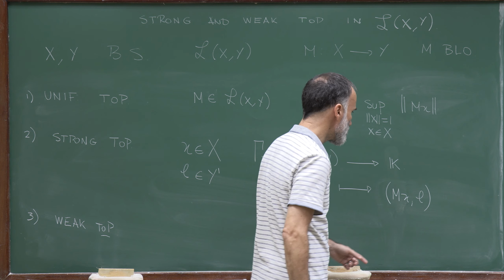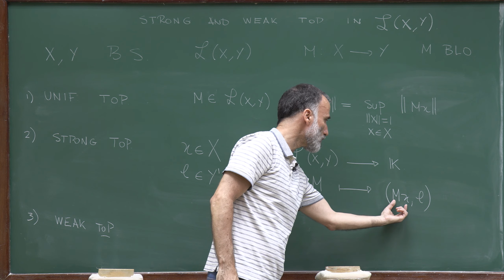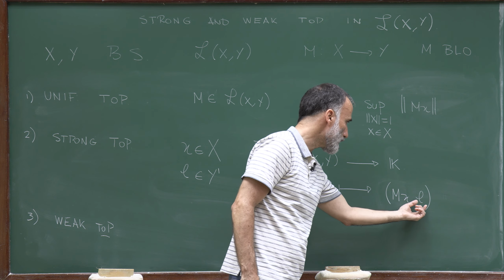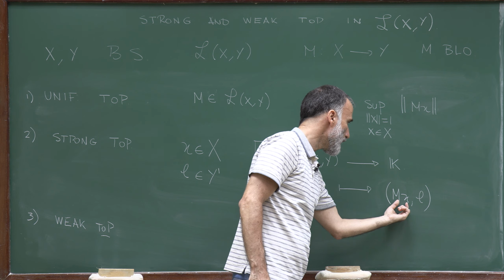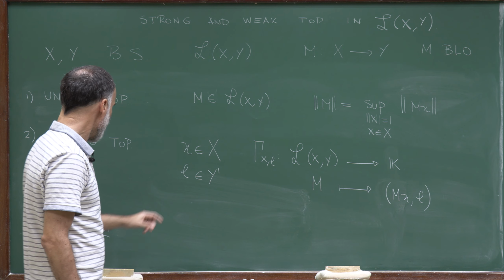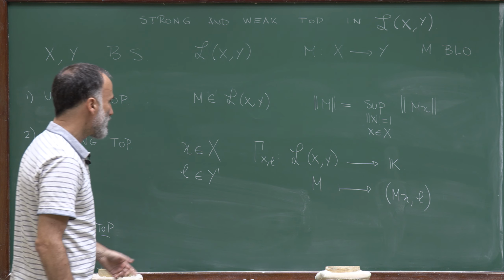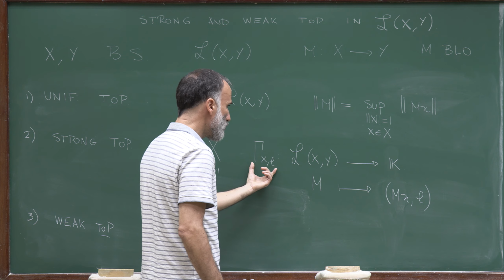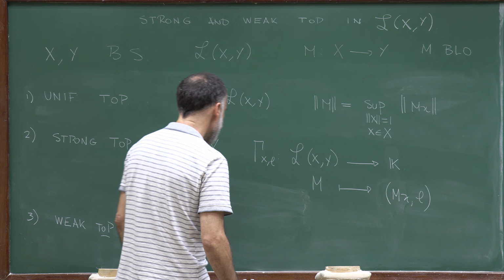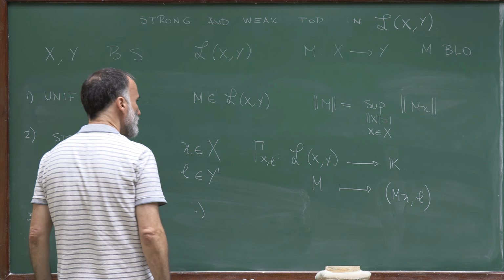Recalling the notation, Mx is an element of Y, L is an element of Y prime, and we are applying to Mx the bounded linear functional L. And so the weak topology is a topology which makes these functions continuous. It's characterized by two properties.